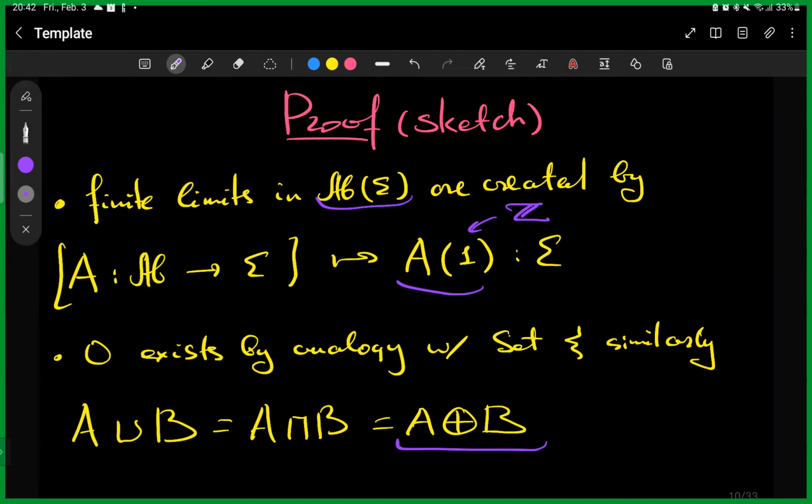So, yeah, basically that's just the property of the forgetful functor from algebras over a Lawvere theory to the ambient category. So it creates finite limits.